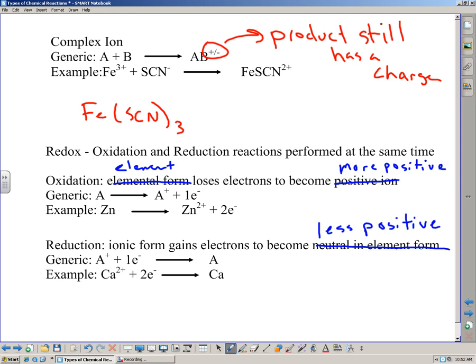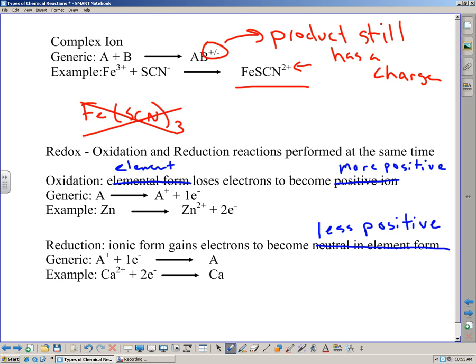Well, this is one of those instances where the compound that's formed isn't neutral. Most of the time in our world, we're going to combine ions together to make neutral compounds. But every once in a while, what we expect to happen doesn't happen, and we end up with a compound that still has a charge associated with it. We call those types of reactions complex ion reactions. Any questions about those? Yes? Yeah, just call it a complex ion reaction.